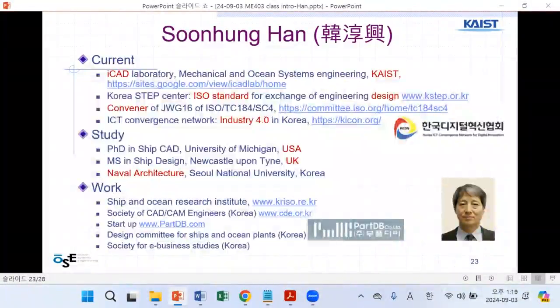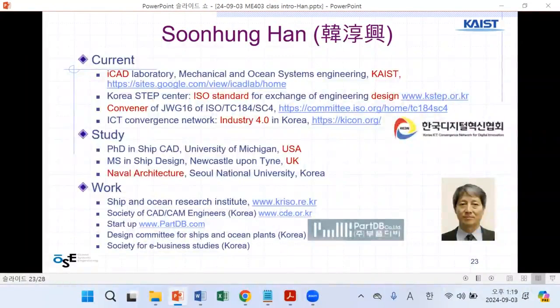Was working in mechanical engineering. I also work for automotive engineering too, automotive design or CAD. And also ISO, the standard. I'm developing standards for CAD systems.